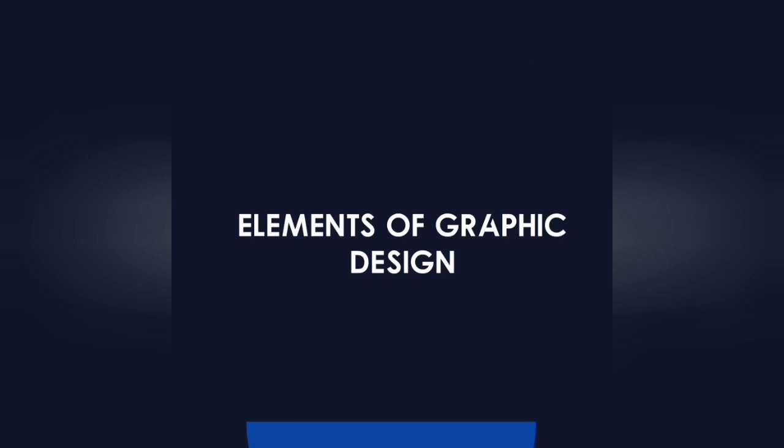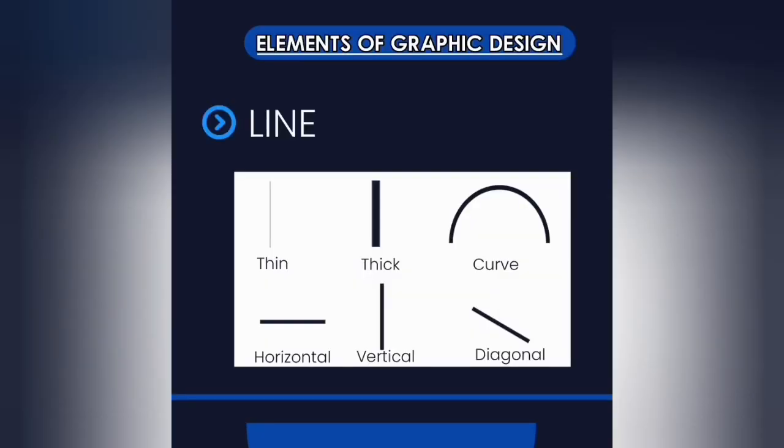So now we head on to the next on our table of contents, which is elements of graphics design. The first here is line. Now, what is a line? A line is defined as a path through two or more points, or by a point moving in space.